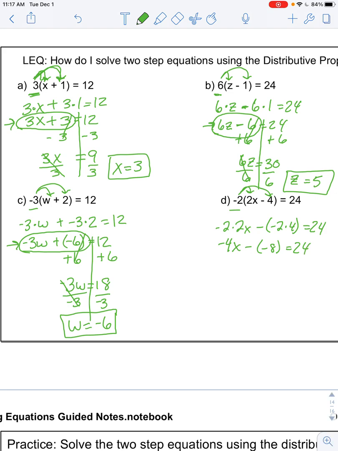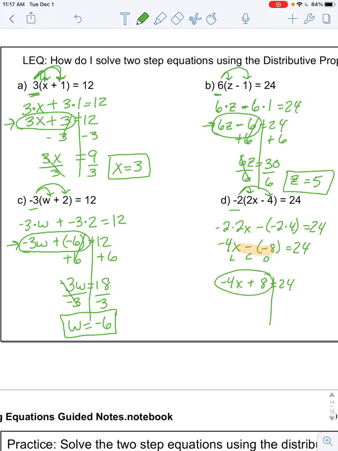We're in a two-step equation, except we need to fix this right here. Before we talked about we can't have minus and negative, so we need to change it to a positive. So LCO: negative 4x plus 8 equals 24. Okay, now we're in our two-step equation.